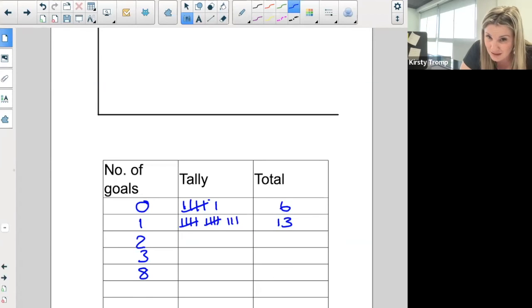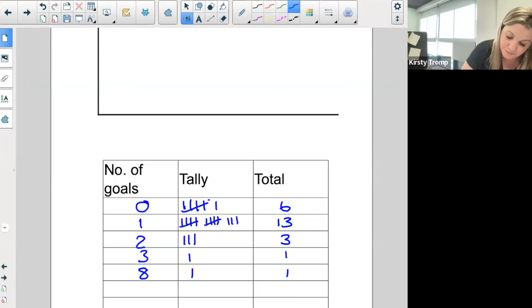I had 3 with the number 2. I had 1 match that I scored 3 goals in, and I had 1 match that I scored 8 goals in.